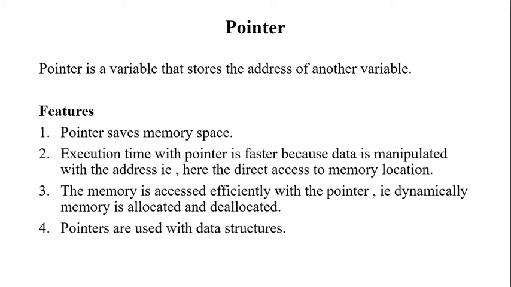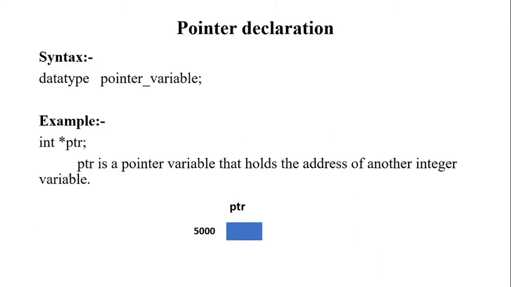The memory is accessed efficiently with the pointer. That is, memory is allocated and deallocated dynamically. It means we can allocate memory dynamically by using the pointer concept. And pointers are used with the data structures. So these are the features of pointers. Because of all these features, we are using pointers in programming languages.